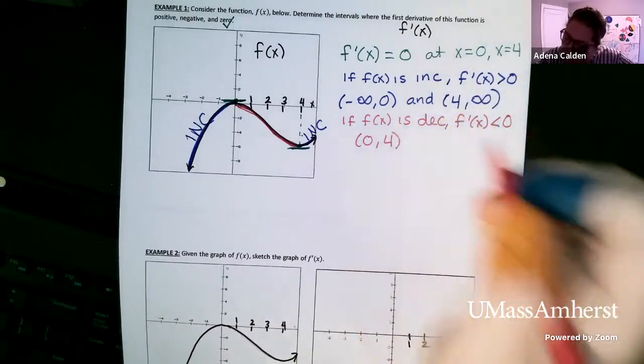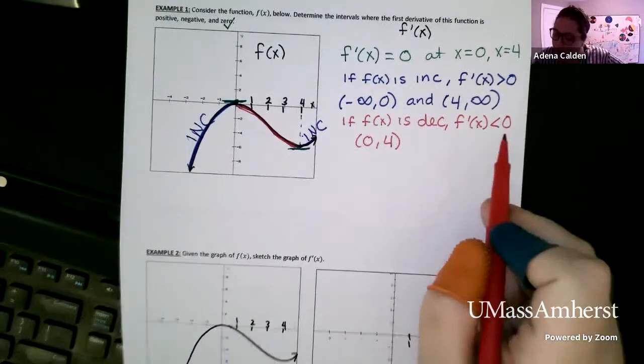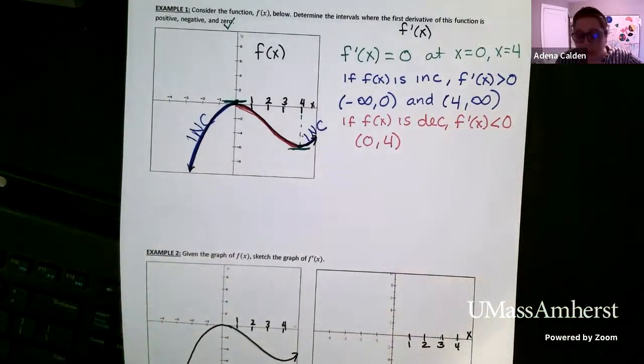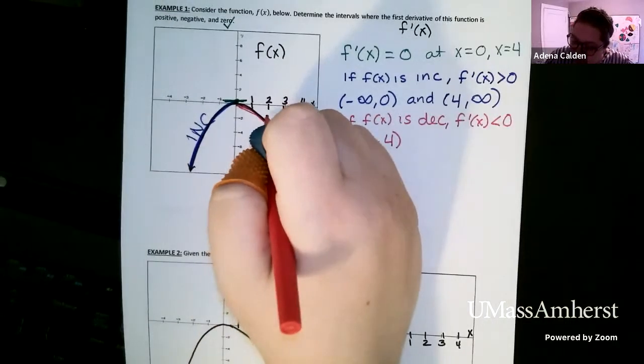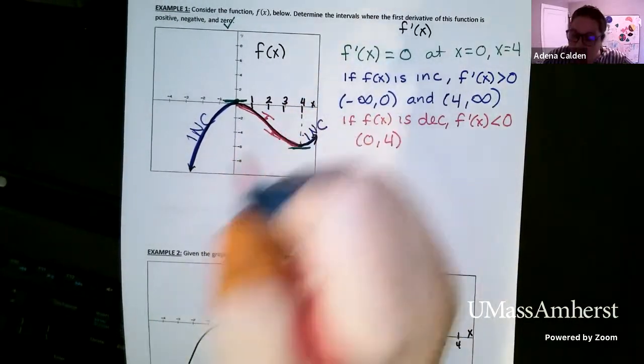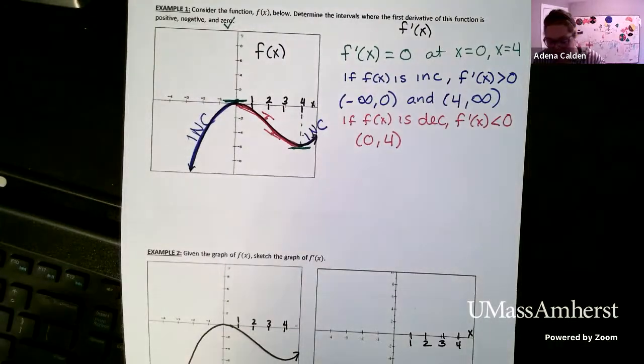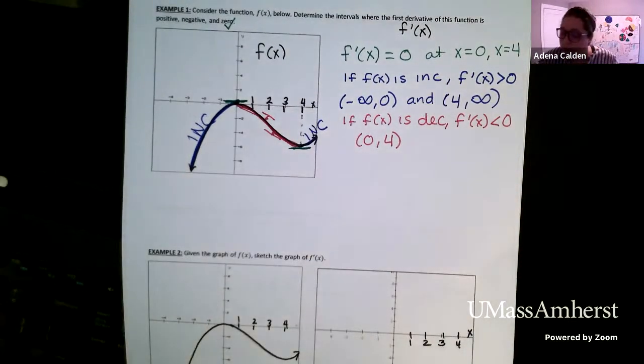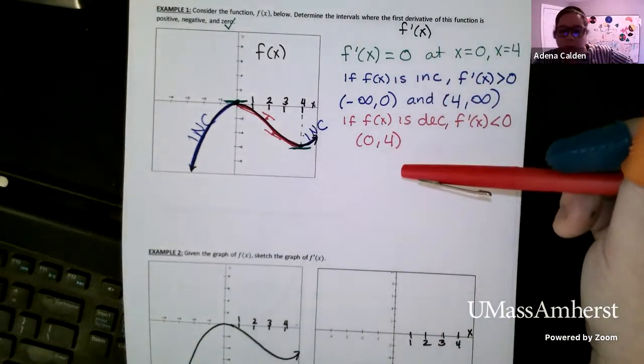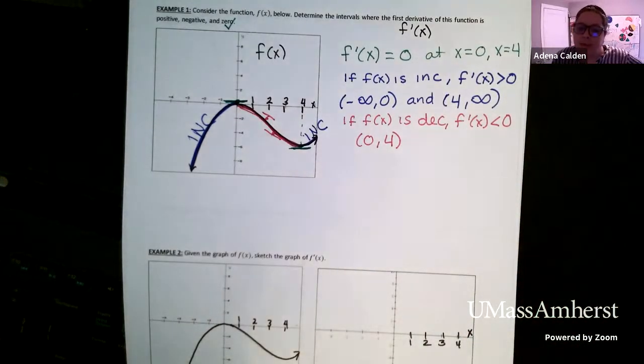So from 0 to 4 is where my derivative is going to be negative. And I can confirm this because if I draw in a tangent line anywhere along here, I can see that it's going to have this negative slope. So now I know where my first derivative will be positive, negative, and 0.